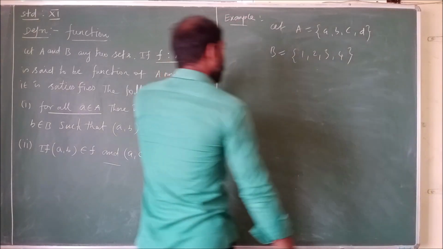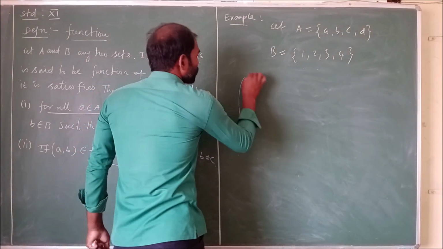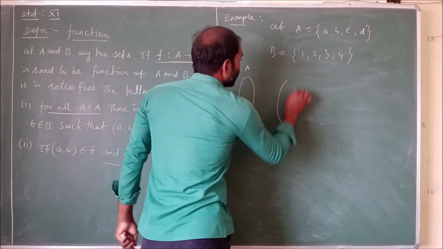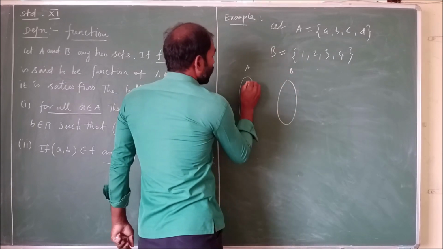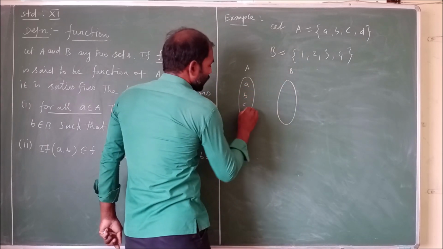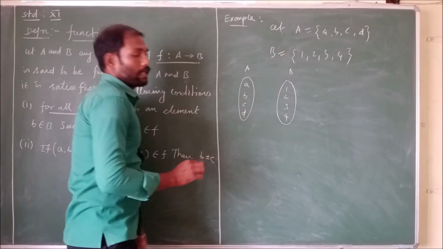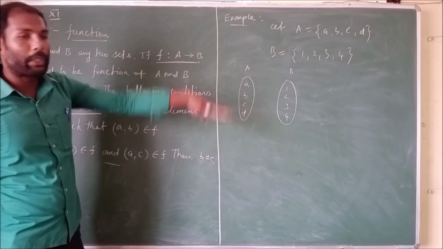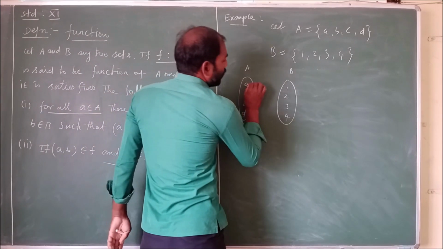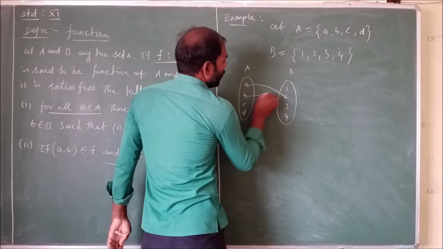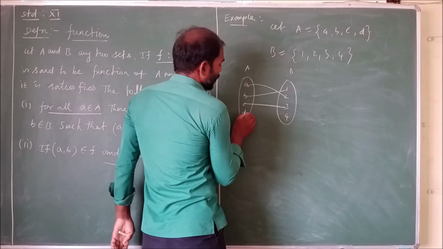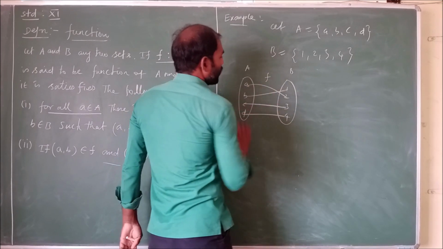The function f from A to B is defined by a to 2, b to 1, c to 3, d to 4. This is f.